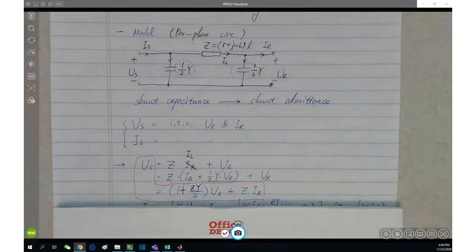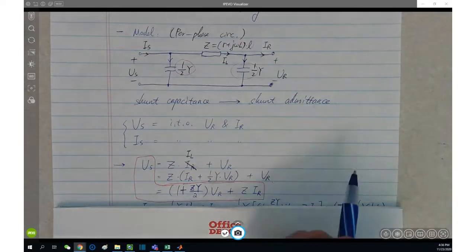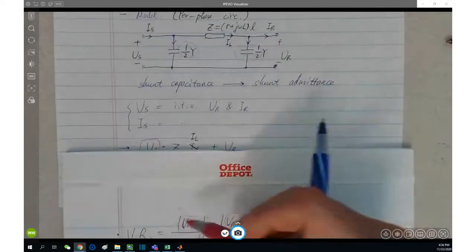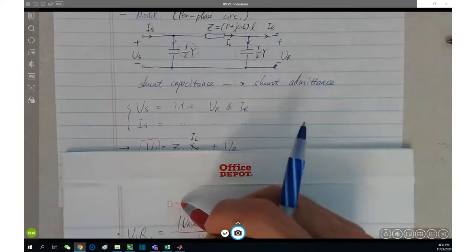No current, but specifically, which current? We have so many. There should be no IR. Therefore, go back here. No load means IR equals 0.